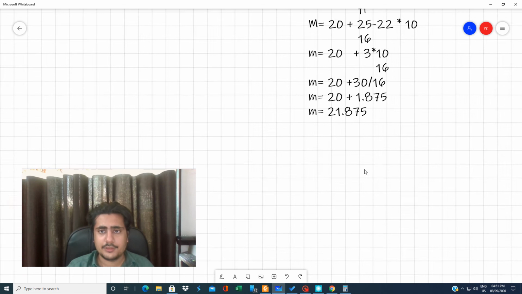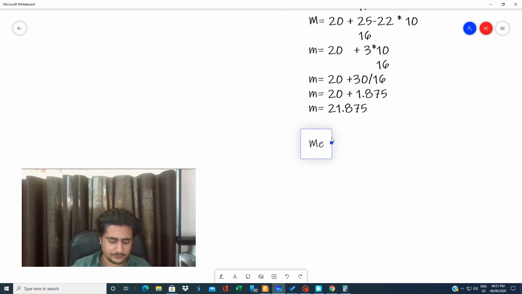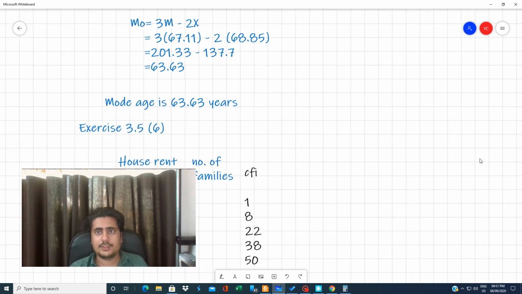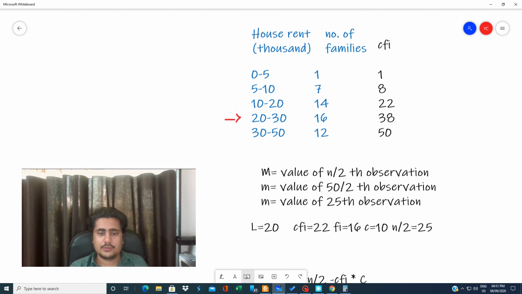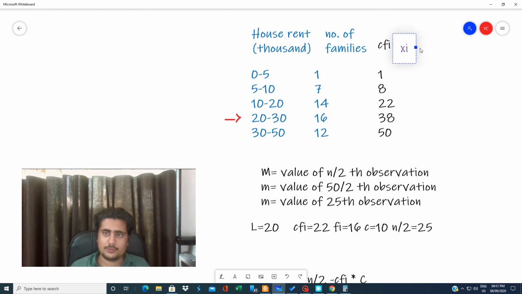Then I'll be finding the mean. Now what is mean? It is the sum of fi xi upon n. So as I told you, we need to find fi and xi. So we need to find first of all xi. Fi is given in the question obviously.